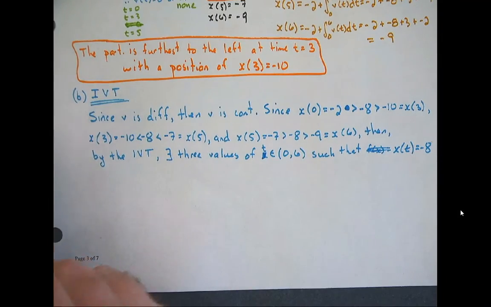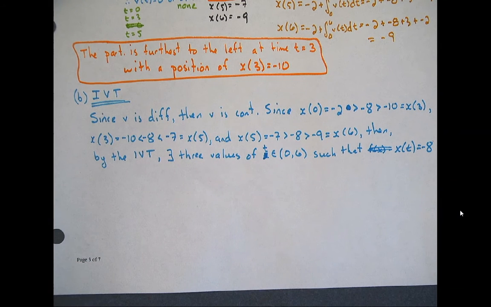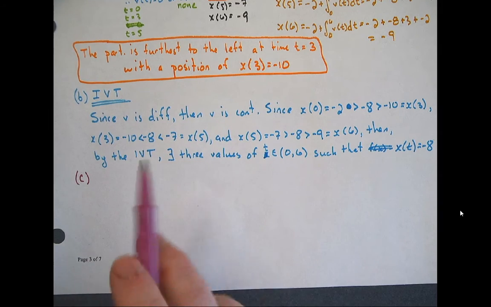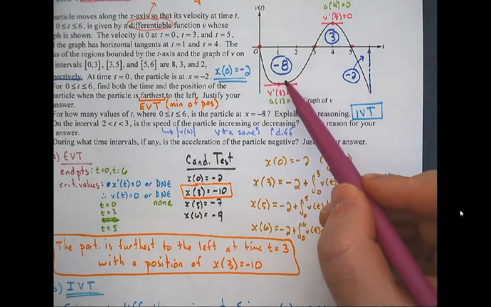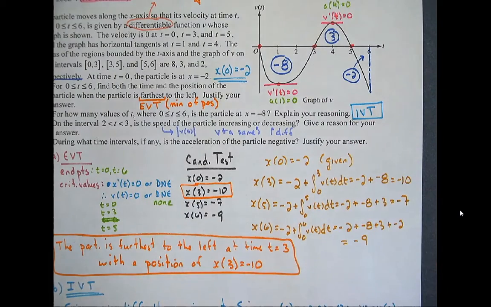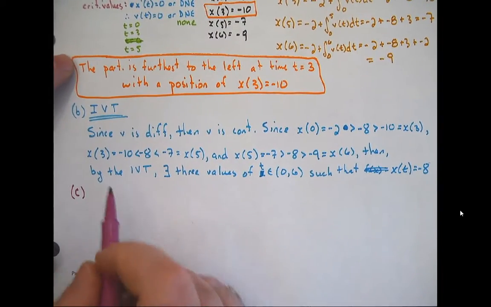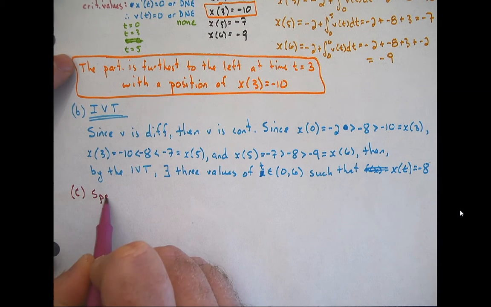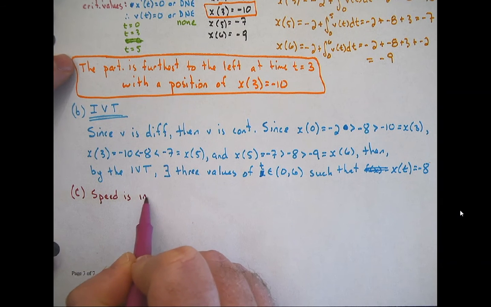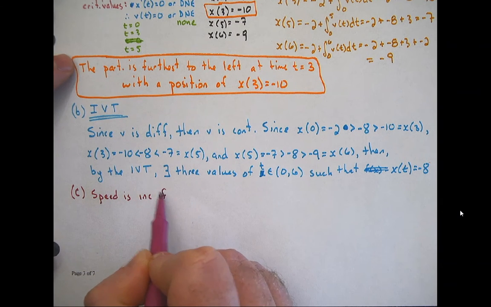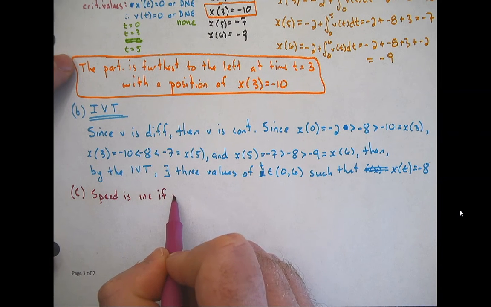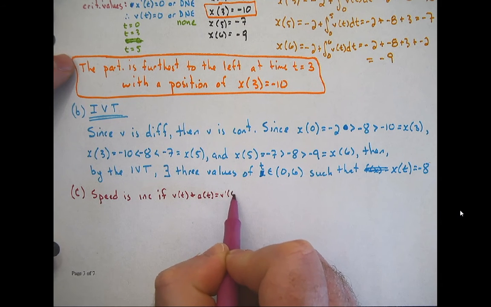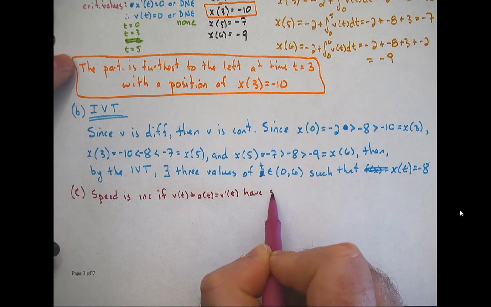So let's take it down to this piece. Part C. On the interval from 2 to 3, the speed is increasing, decreasing. Which one? Well, this one's pretty easy. So let's start off by making our argument again down here. Speed is increasing if v of t and a of t, which equals v prime of t, have same signs.